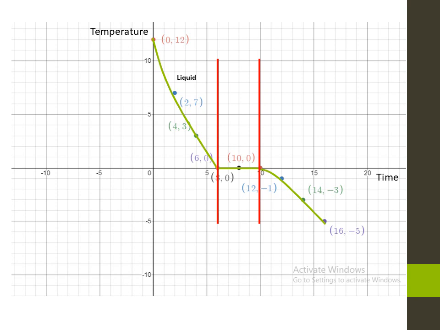Between 6 and 10 minutes, the temperature is 0 degrees Celsius and solidification occurs. Water exists in both states, solid and liquid states. After 10 minutes, the temperature keeps on decreasing and water only exists in the solid state.